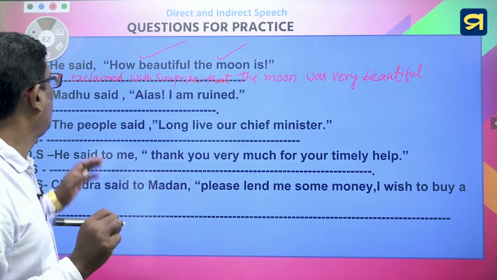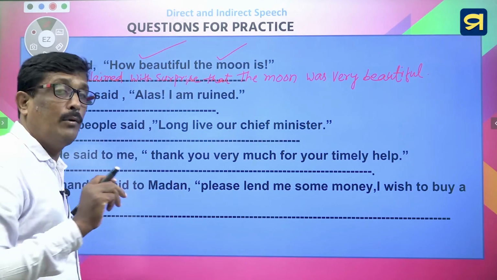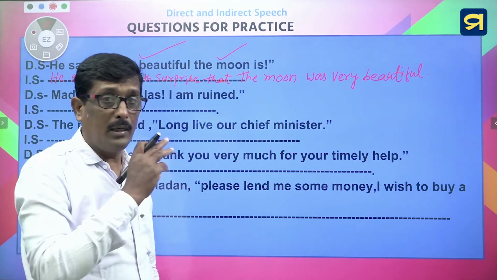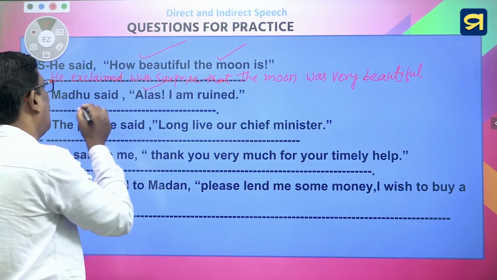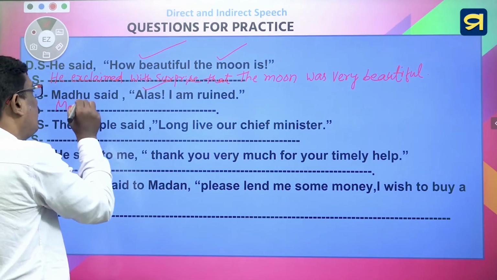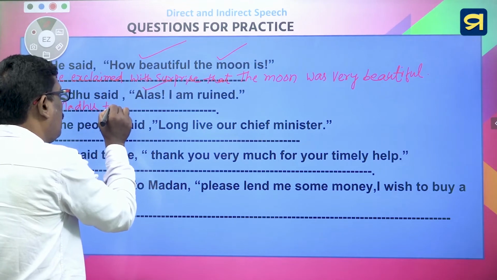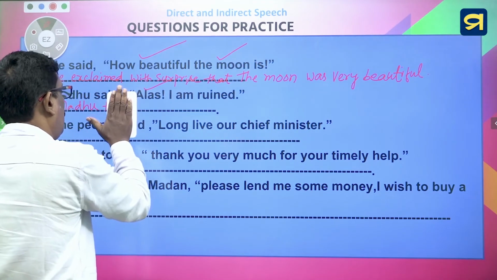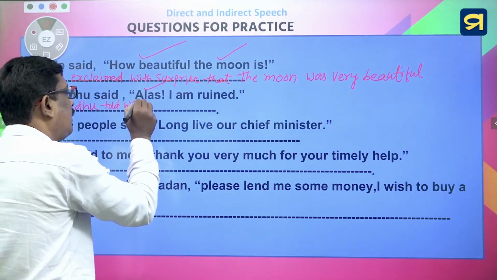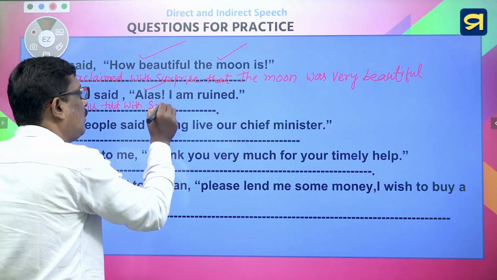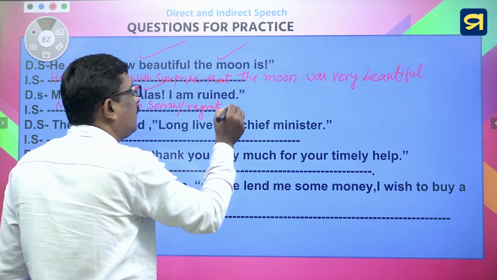Okay? Have you understood the number one? Very good. Madhu said, "Alas, I am ruined." Change from direct speech to indirect speech. Very good. You see, we have already discussed about alas. So how will you use? Madhu told with regret or sorrow that she was ruined.